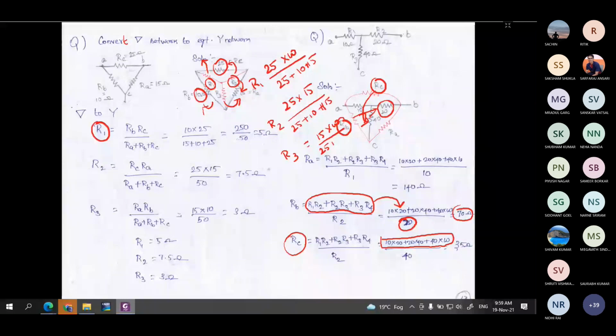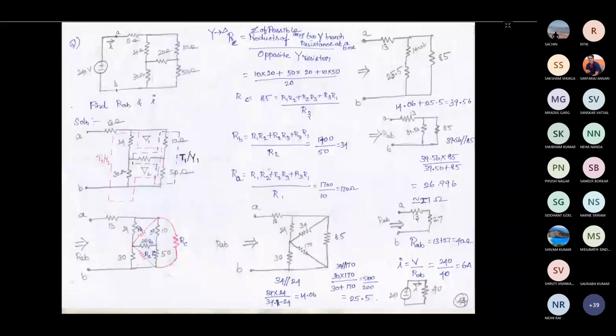Now, if you want to apply this in a problem, here is a circuit with several delta or star combinations. For instance, this is a star combination, and this is also a star combination. These are two possibilities.